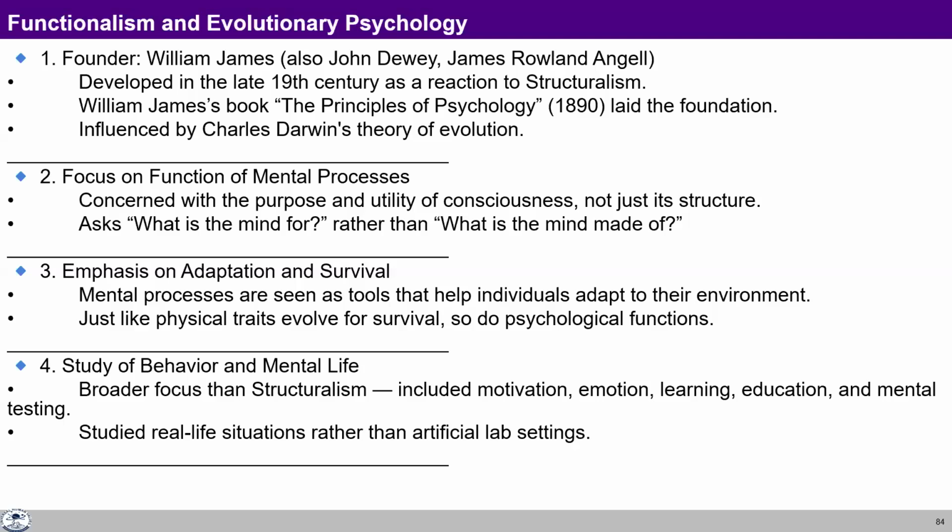So as we have physical traits, so we can have psychological traits also. So if you try to look into yourself, you will find that you have also tried to adapt to various situations, atmosphere for your survival, for your security, okay, and to continue your generation. So this is something that we can relate to with all the limitation that it has. So the study of behavior and mental life is there, including motivation, emotion, learning, education, and mental testing. And study the real life situation rather than artificial lab setting.